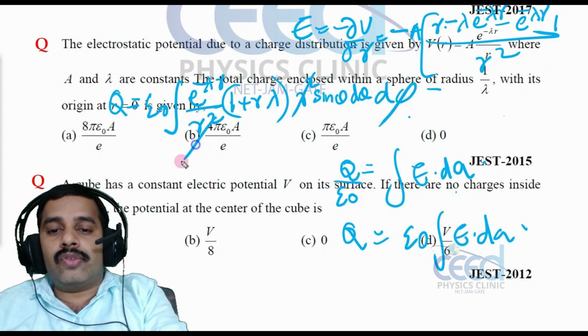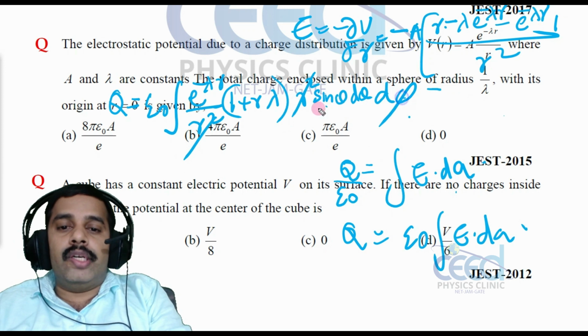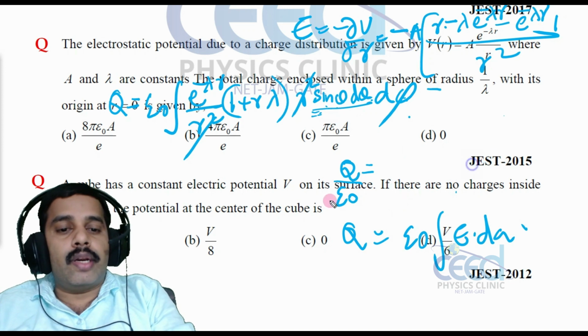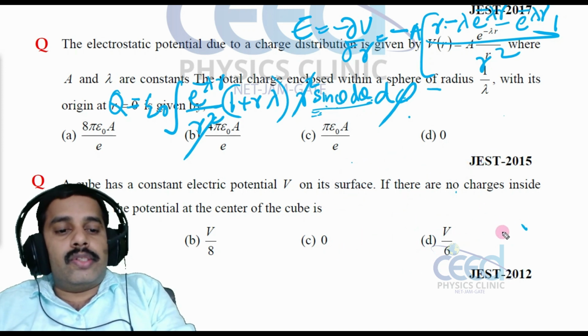So let me erase this. Alright, this r square cancels, and we already know the integration of sin theta is minus cos theta with limits 0 to pi. So let me write it in another step.